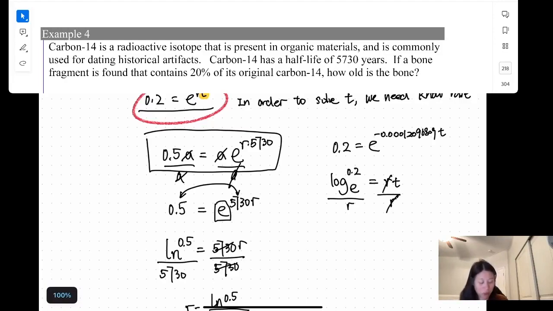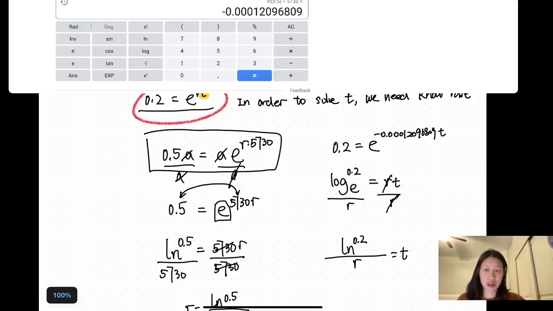That's it. And then I can use a calculator. If you want to write it nicer, it should be ln of 0.2 divided by r, that equals our t. So in our calculator, they have a function which keeps the answer at the lower right or lower left corner. So we can just keep the r here because our r is our answer.